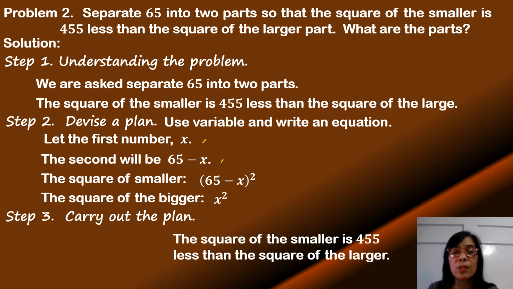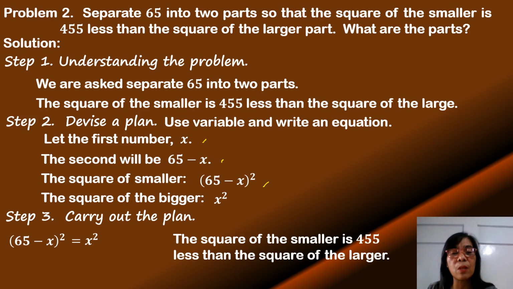The condition is that the square of the smaller part is 455 less than the square of the larger part. So the square of the smaller part is represented by this symbol, and this is 455 less than the square of the larger part.